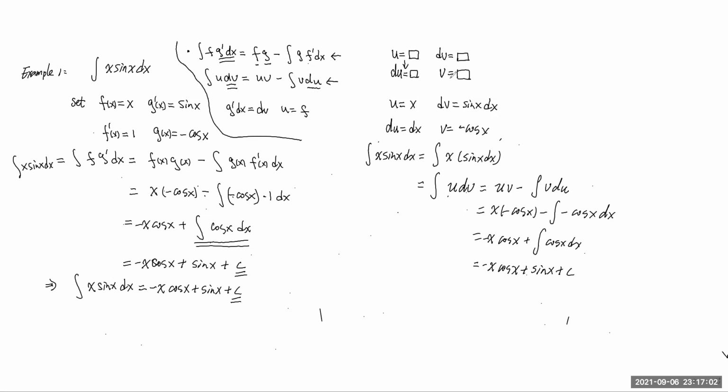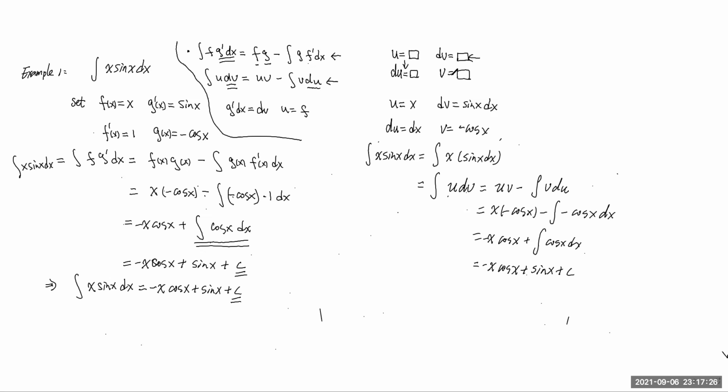Also, you have to find v. If you want to find v, you have to know the antiderivative, right? If you are trying to find dv, it should be easy for this term to find the antiderivative. Otherwise, you cannot find it, right?